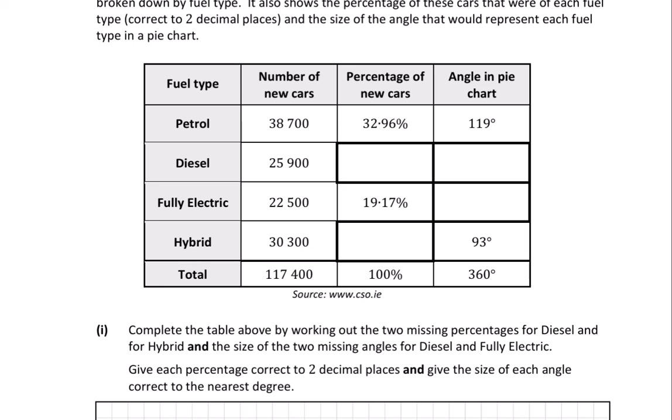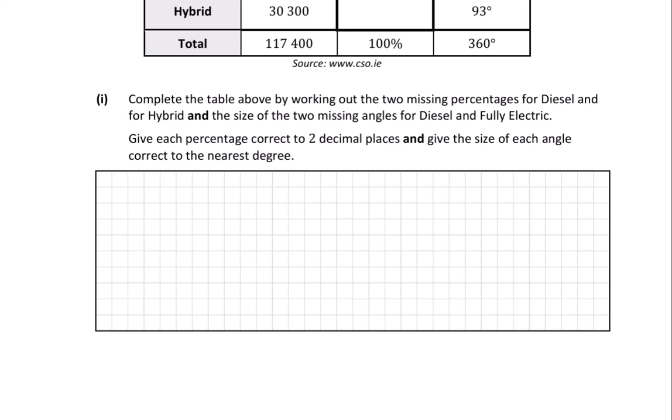Okay, so we'll do the percentages first. I'm going to do this one here first. So we know that there were this number of new cars. There were this number in total. So all we got to do is work out this number as a percentage of this number here. So you put this number over this number and multiply by 100. So let's do that. So it's 25900.